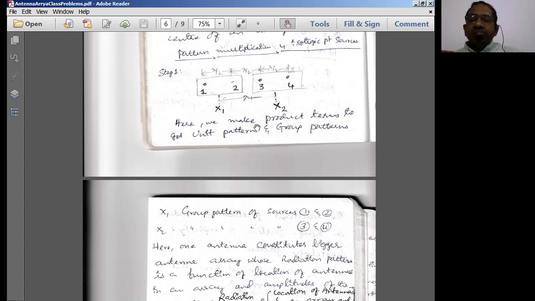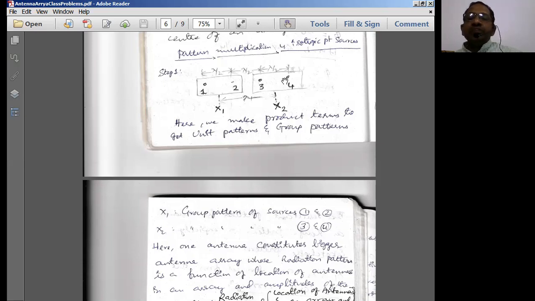And what is the pattern we have to follow now? It is going to be the multiplication of the pattern of the individual antenna and the group antenna. So what is the group of 1 and 2? X1 is the group of 1 and 2, taken exactly at the middle of these 2 antennas. We consider another virtual antenna exactly at the middle of these 2 antennas.